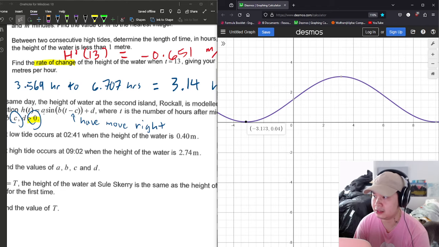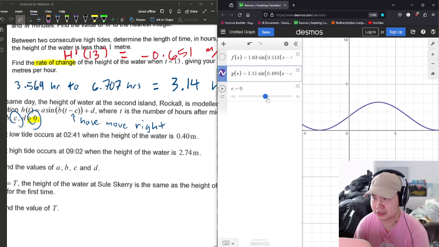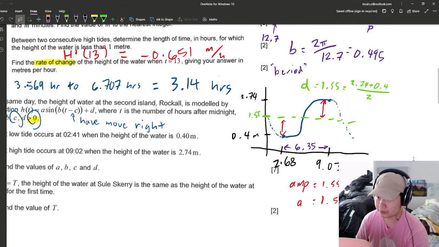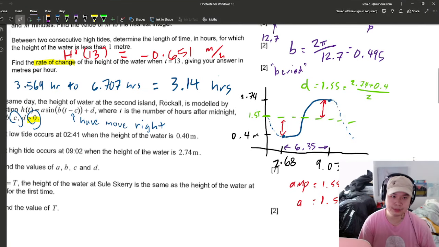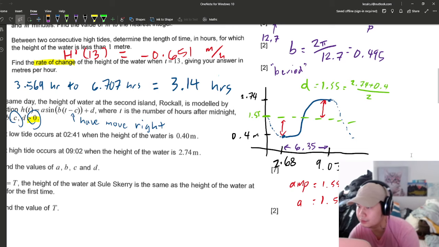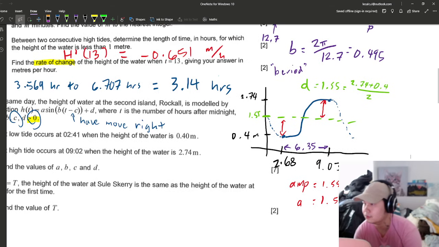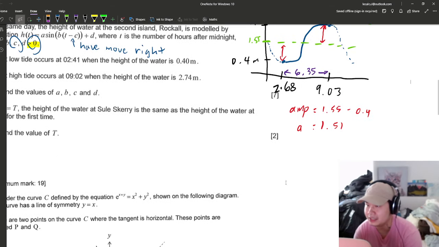You can, in your graphing display calculator, GDC, graph this without a C value, and then you can find the minimum value here. Another way that you can do it is you do know, okay, this is gonna get a little messy.